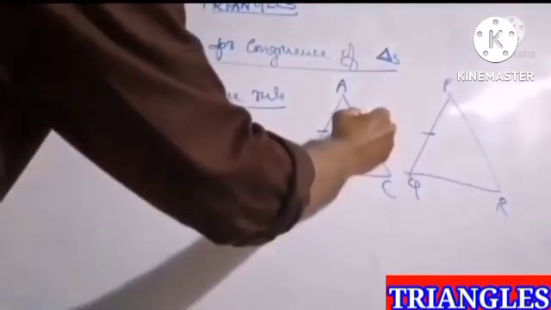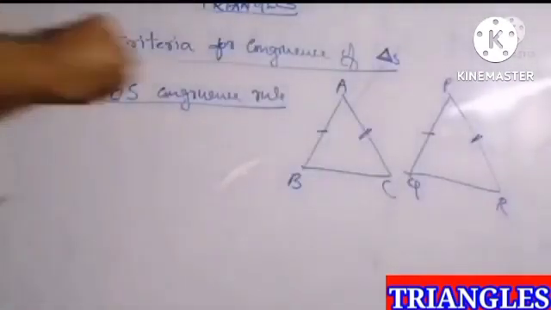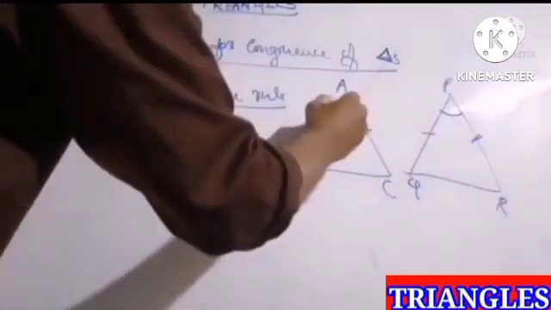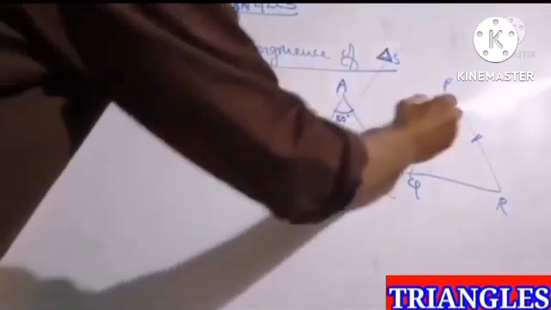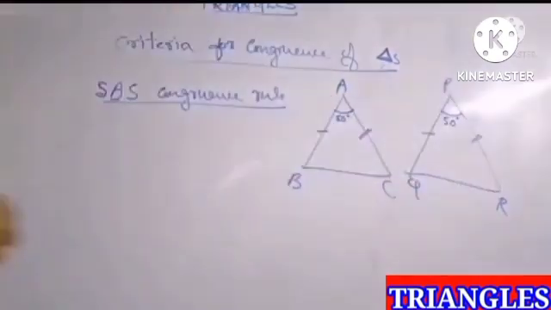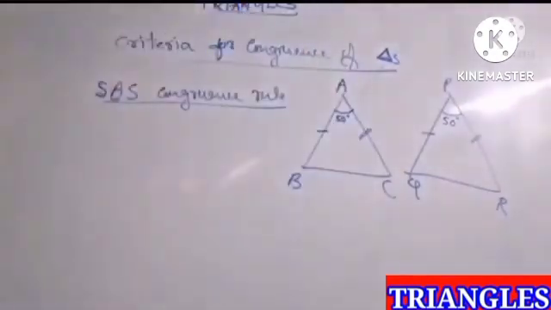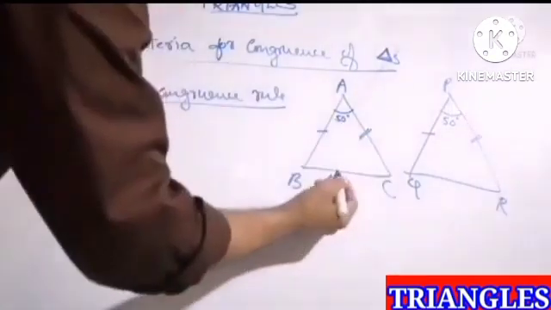Okay, AB and PQ are equal, and AC and PR are equal. Also, these angles are equal, suppose 50 degrees each. So which congruence rule is suitable here for these 2 triangles, or are these triangles congruent? Let us check whether they are congruent or not.